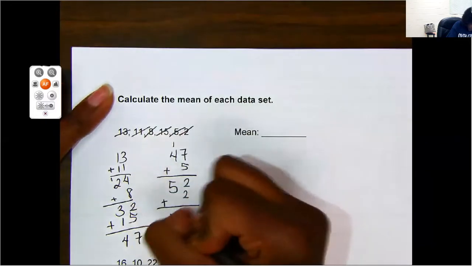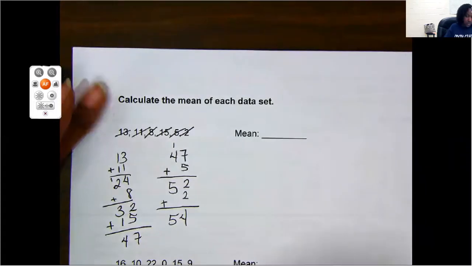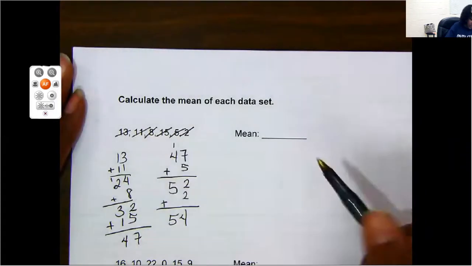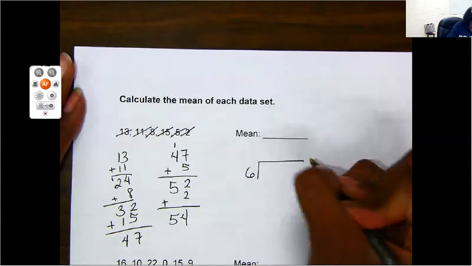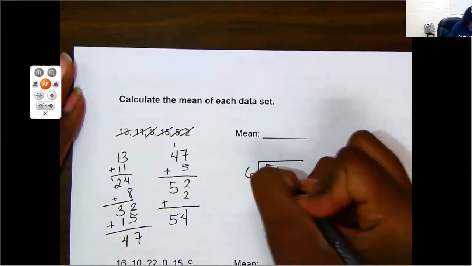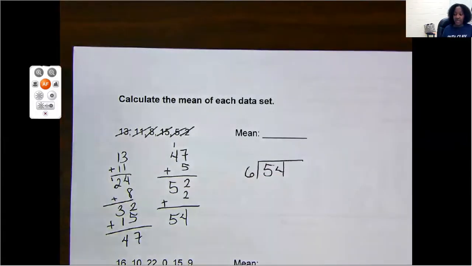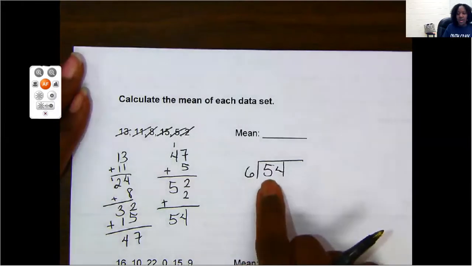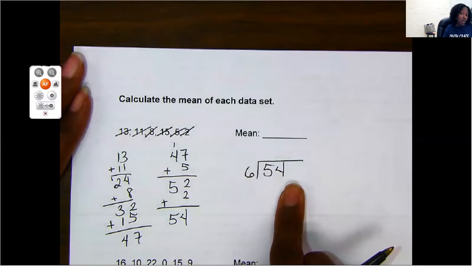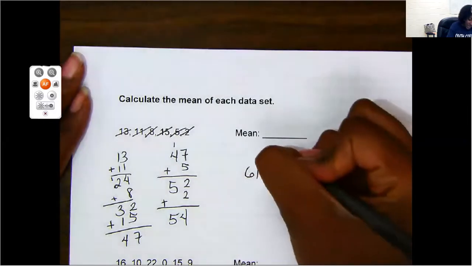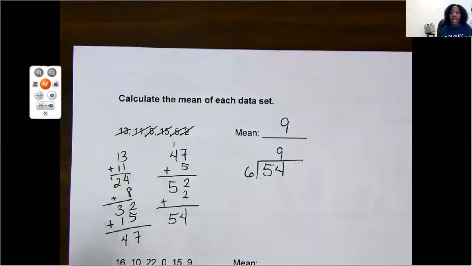So I got a total of 54. And remember, we counted that we had 6 of those. So step 2 is to divide it by how many pieces of data I have, which is the 6. 6 will not go into 5, but 6 will go into 54 9 times. So my mean or my average is 9. That is the average of my data.